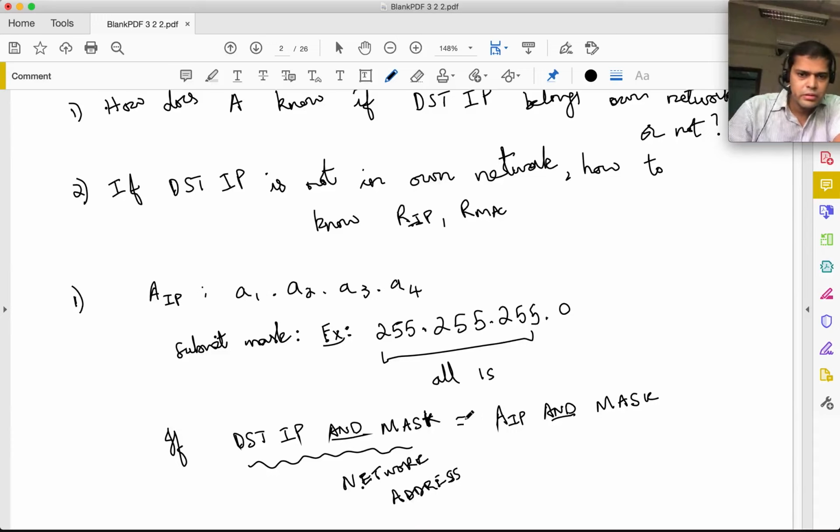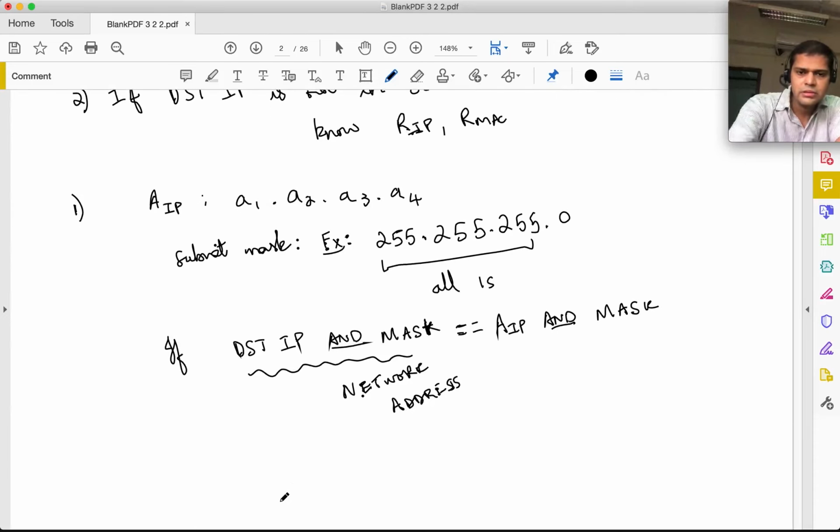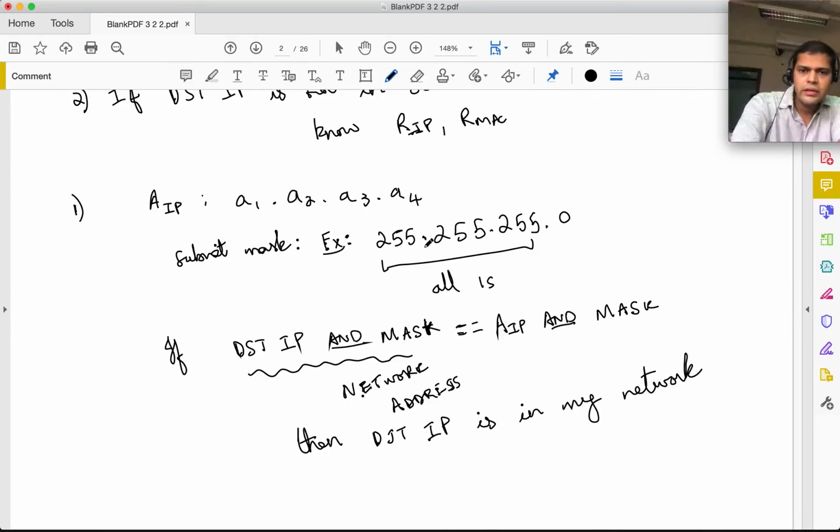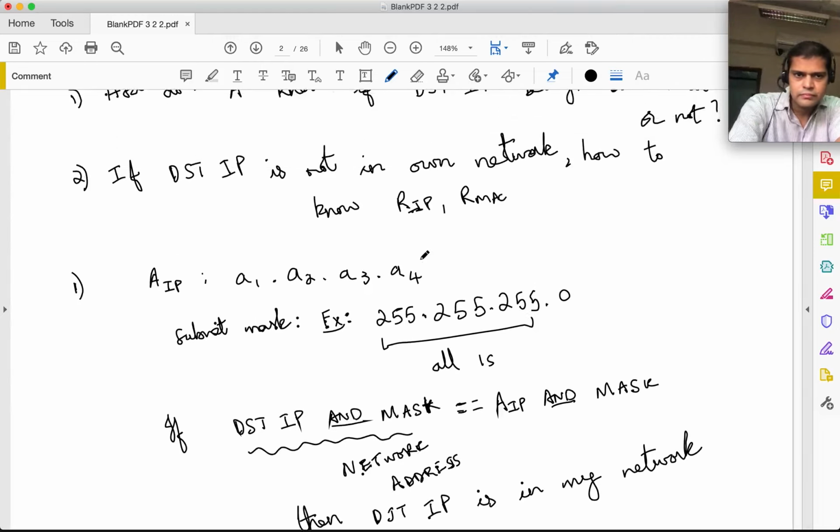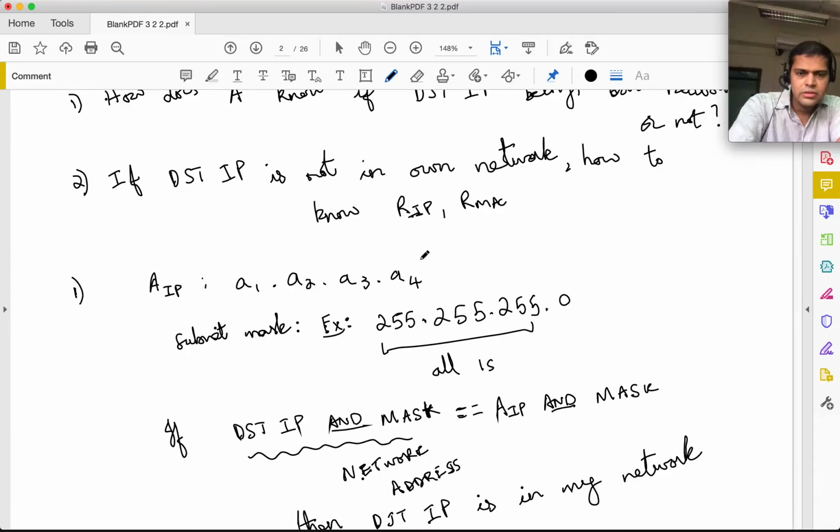If this is true, then the destination IP belongs to my network. And if not, it does not belong to my network and I would need to send it to the router. Okay, so this is what we would do.